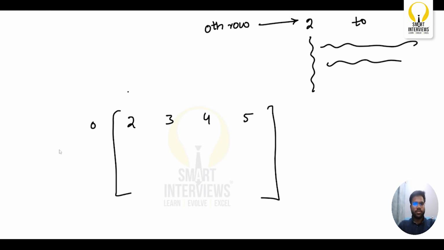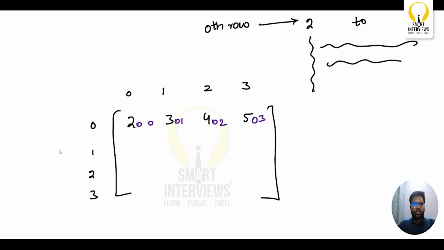This is the 0th column, first column, second column, third column. Then the first row, second row, and third row. So obviously the index of this will be 0 comma 0, this will be 0 comma 1, 0 comma 2, 0 comma 3. Now how can we fill the value over here, which is 1 comma 0?